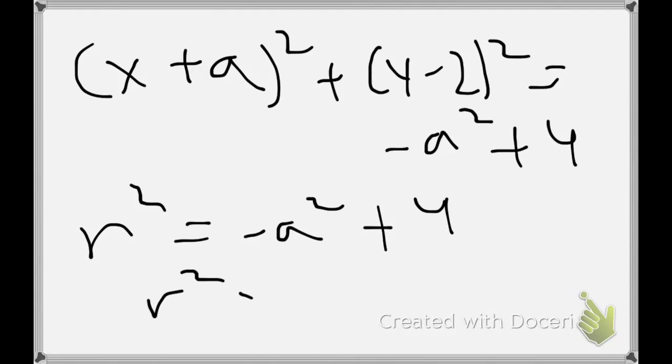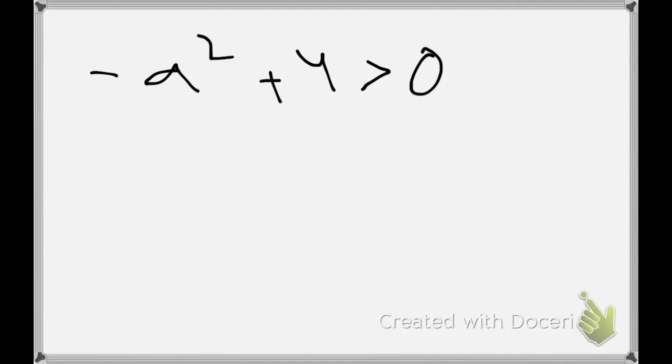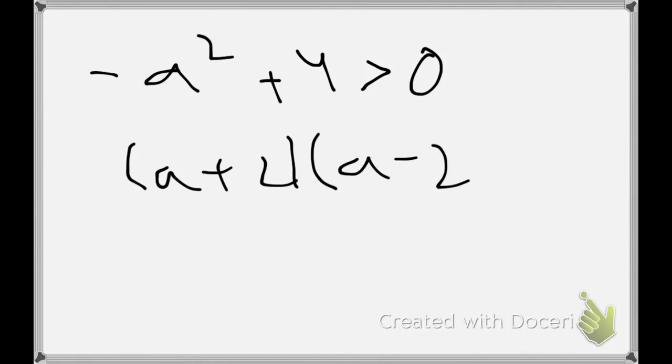R squared, since it's the radius, must be greater than 0. So therefore, negative a squared plus 4 is greater than 0, which means (a plus 2)(a minus 2) should be less than 0.